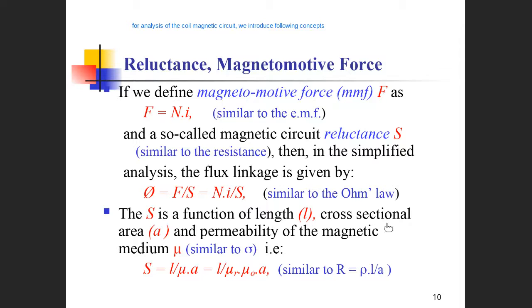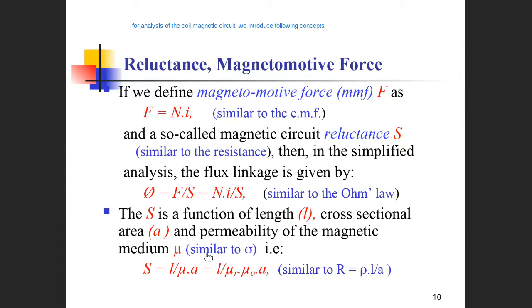One more parameter is the so-called magnetic permeability, which is a unique concept to describe the material's nature.